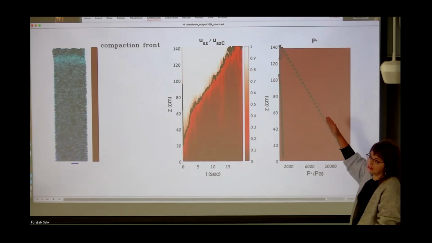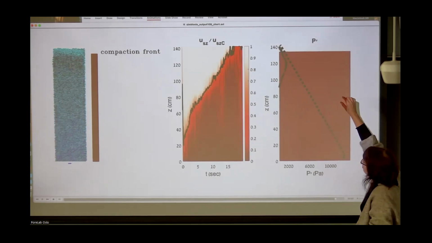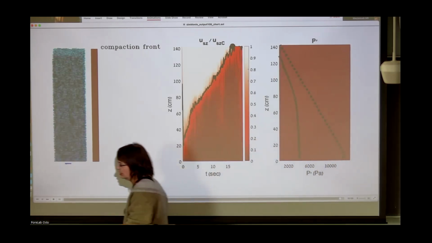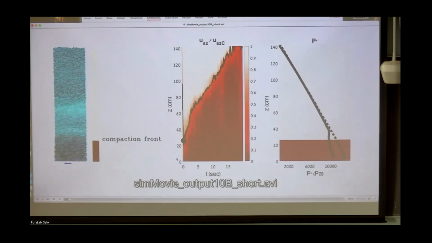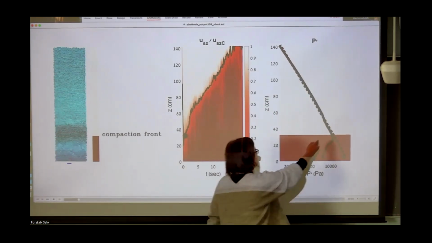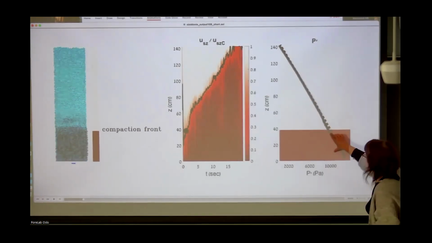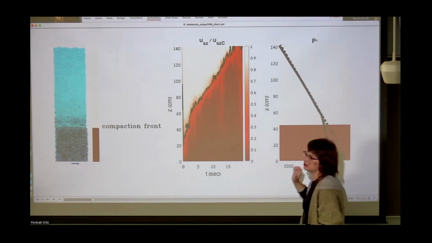So it has a lithostatic pressure gradient, a liquefied region which is initially large and becomes smaller and smaller. I'll show you now part of it again. So you see this whole part is a liquefied region, and this whole part is not liquefied. And this liquefied region becomes smaller and smaller over time.